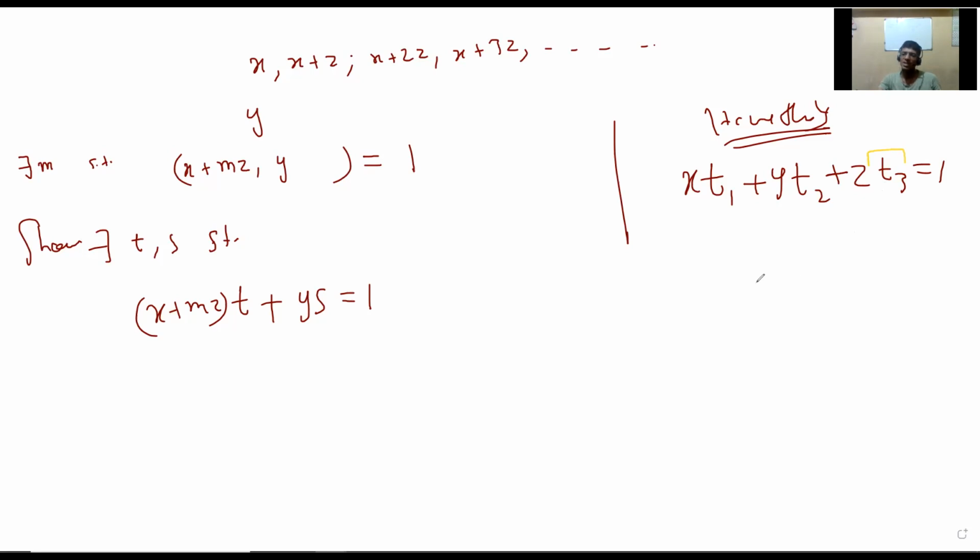But otherwise, if you just write T3 as T1 Q plus R, then you will get this, and then plus zq times t1 yt2, and then there will be zr.